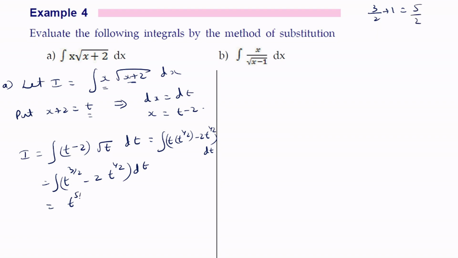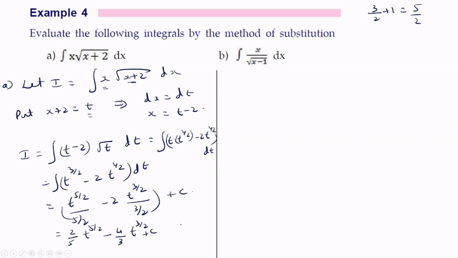So it is t raised to 5 by 2 by 5 by 2 minus 2 into t raised to half plus 1, that is 3 by 2, by 3 by 2, plus c. So this is 2 by 5 t raised to 5 by 2 minus 2 into 2 by 3, so it is 4 by 3 t raised to 3 by 2 plus c.